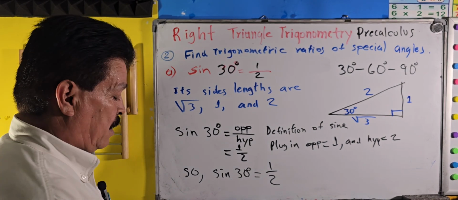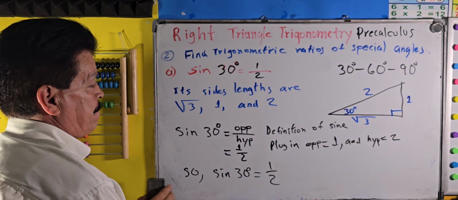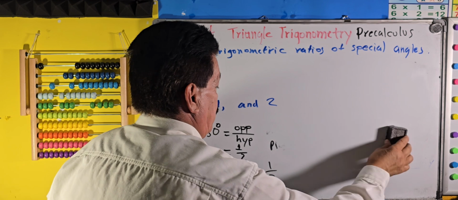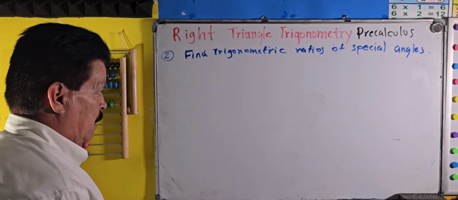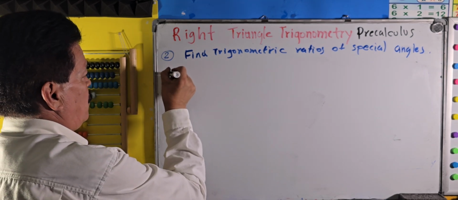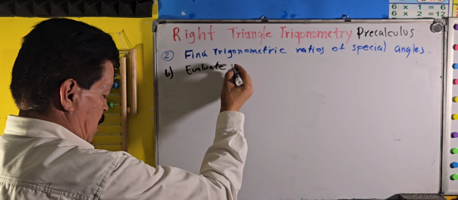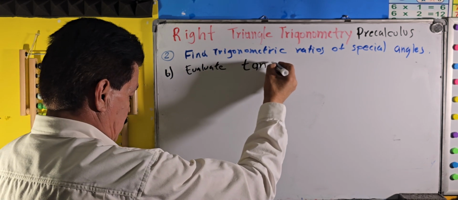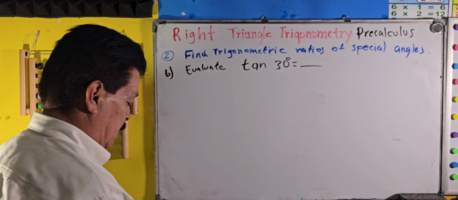Let me show you another problem. Okay, let's solve another one that belongs to this section. So the next problem, B, evaluate tan of 30 degrees. Okay, tan of 30 degrees.